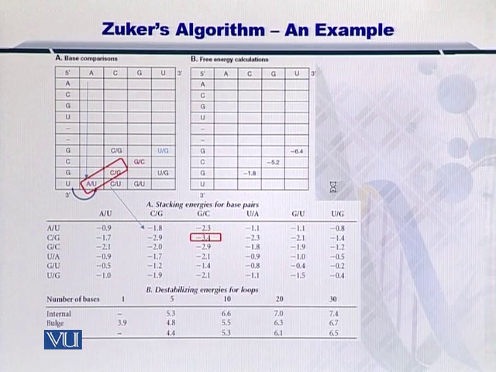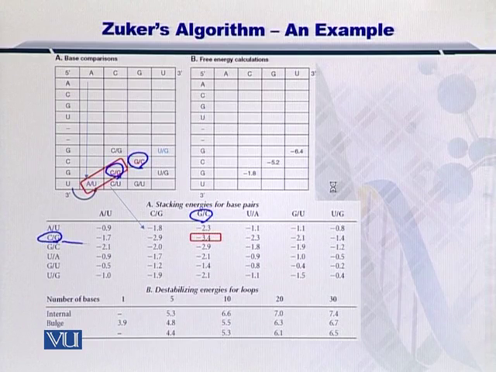In the case of C and G followed by G and C, the energy that is given out is minus 3.4.